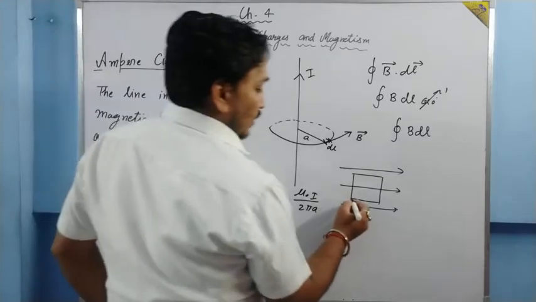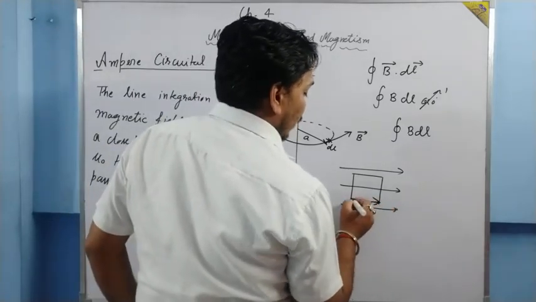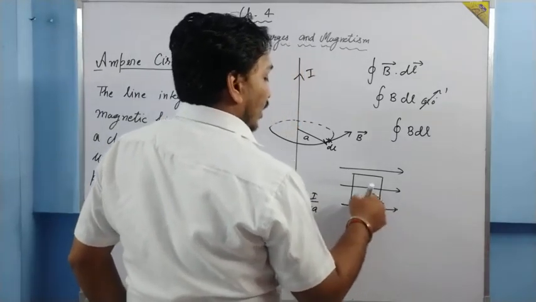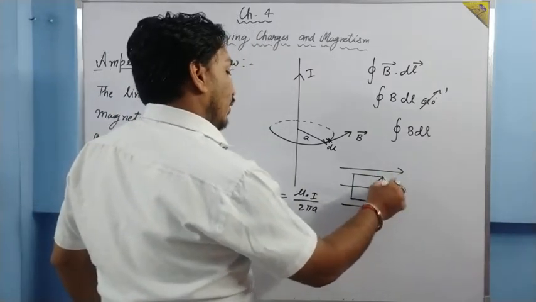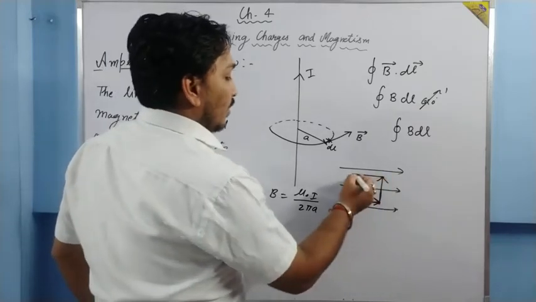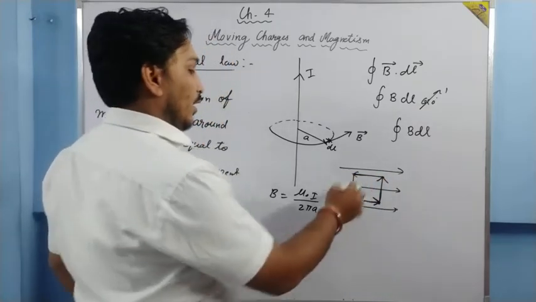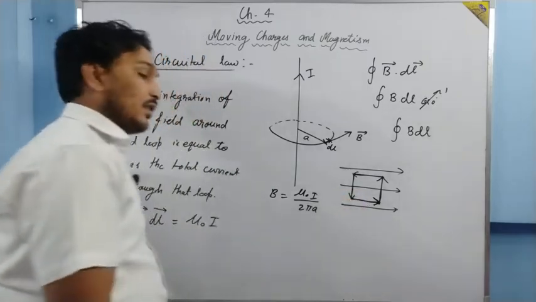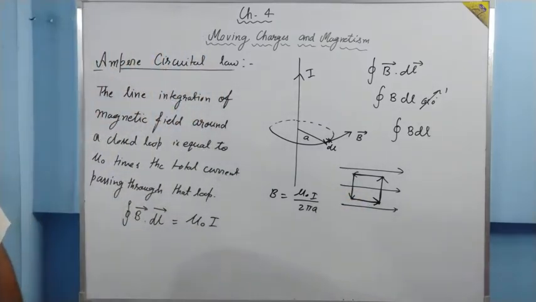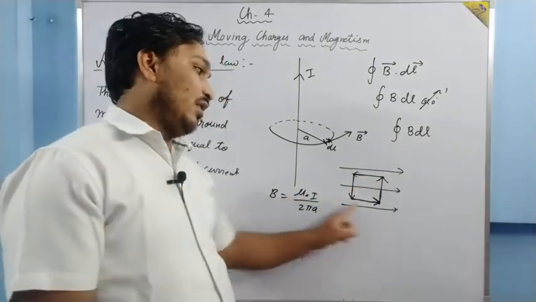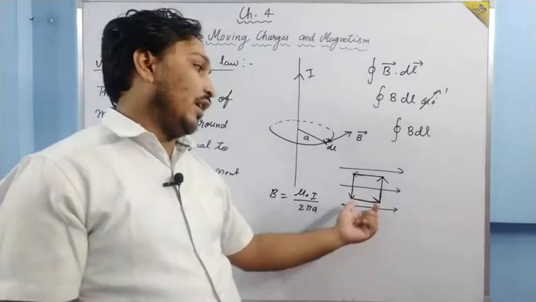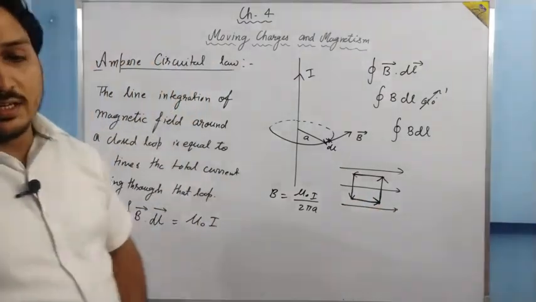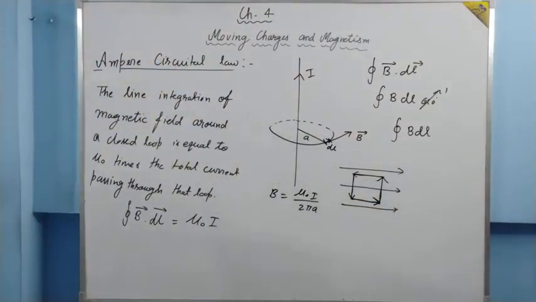Along this, if we take the length in this direction, then magnetic field makes an angle of 0 degree. If we take this, magnetic field makes 90 degree. If we take this, it makes 180 degree. If we take this, it makes 90 degree again. So if we take the dot product of magnetic field and the length, that is called line integration of magnetic field.